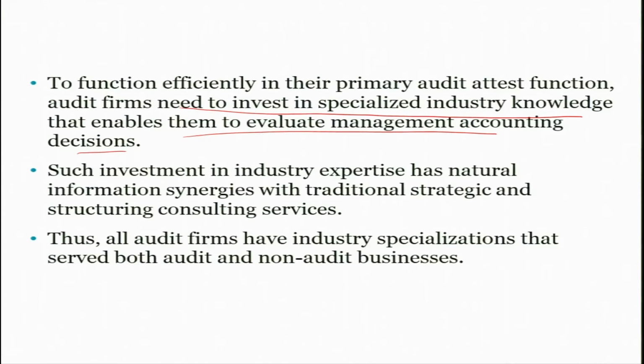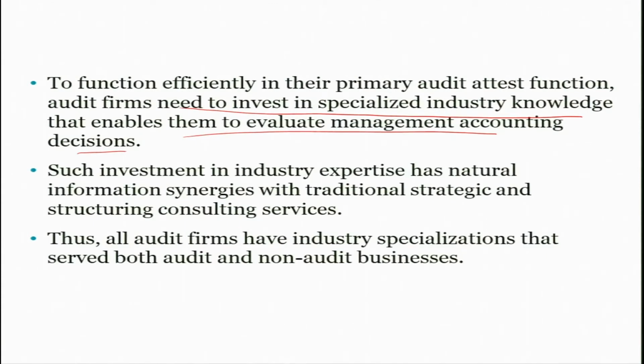Such investment in industry expertise has natural information synergies with traditional strategic and structural consulting services. To summarize, audit firms have industry specialization that serves both audit and non-audit businesses, because they will be making use of their economies of scale and economies of scope.